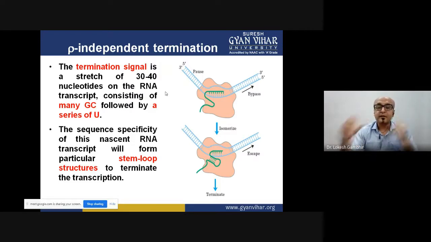How does it happen? See, sometimes the RNA molecule which is being synthesized, in the last segment of that RNA molecule, a stretch of 30 to 40 nucleotides contains GC repeats. They have specific sequences where GC will be repeated, then multiple uracil residues will be added on.